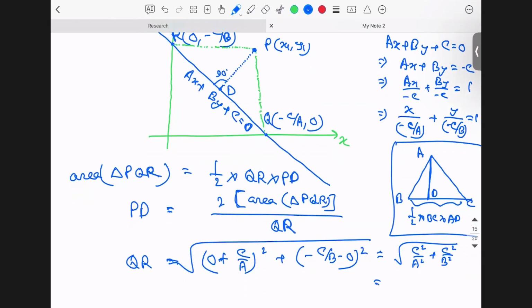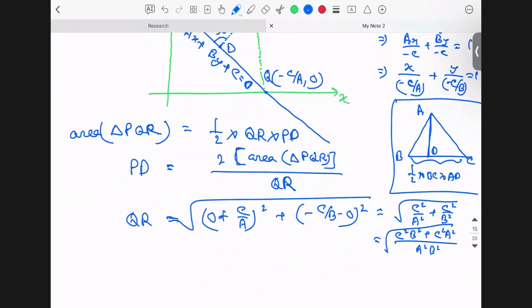This will further give us the square root of (C square B square plus C square A square) divided by A square B square. This will further give us mod of C by AB into square root of A square plus B square. So this is our QR.